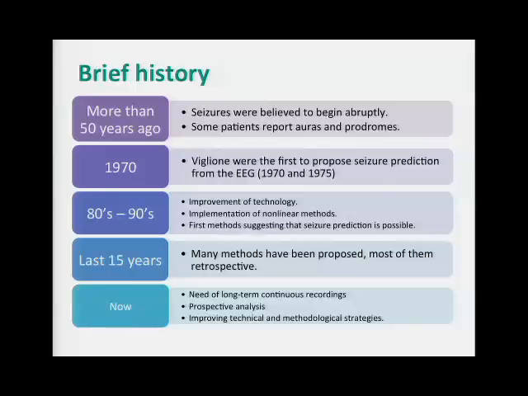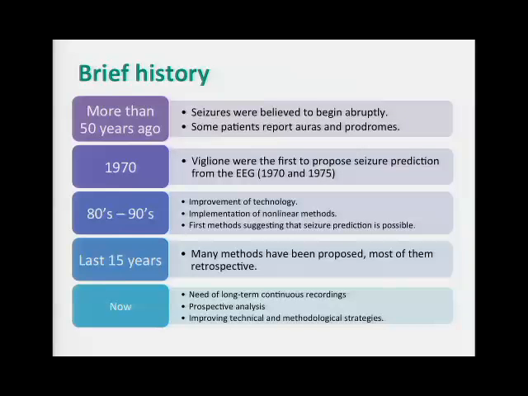Then, more than 50 years ago, around 1970, it was Viglione who first thought about seizure prediction from the EEG, like extracting or recognizing some patterns in the EEG, some precursors, and then using them to predict seizures.